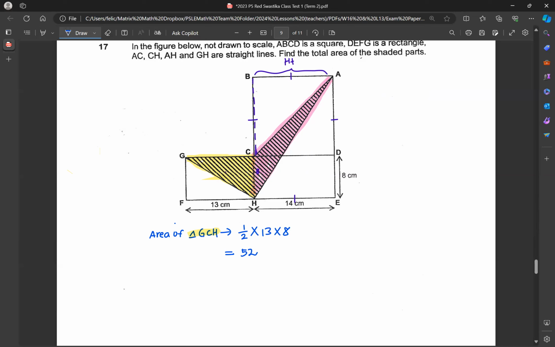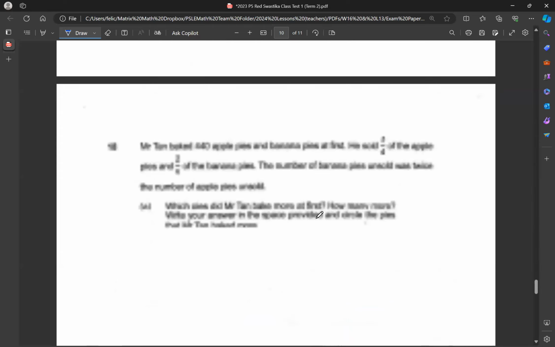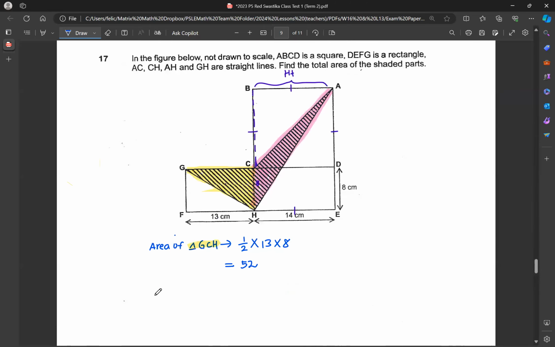All right, now we're going to do the next triangle as well. So the next triangle will be the area of triangle ACH. Oops, sorry, let me just get back to that. Here. So area of triangle ACH.